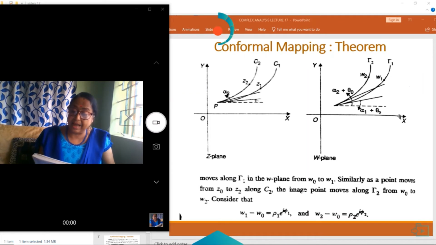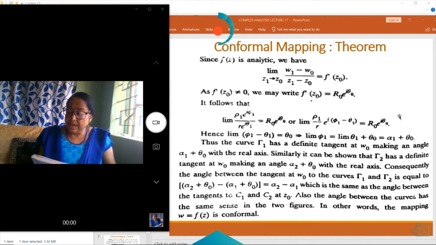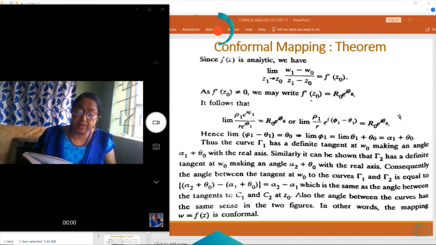Since f(z) is analytic, we can write limit as z1 tends to z0 of (w1 minus w0) divided by (z1 minus z0) is equal to f dash z0. As f dash z0 is not equal to 0, we may write f dash z0 is equal to r0 e to the power i theta 0.